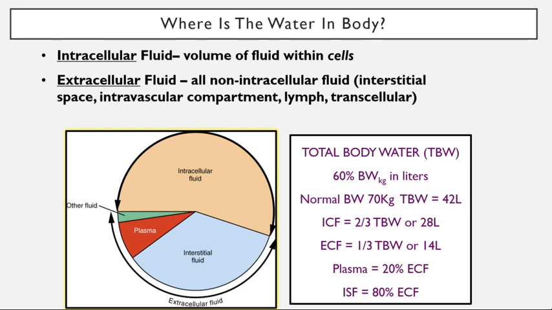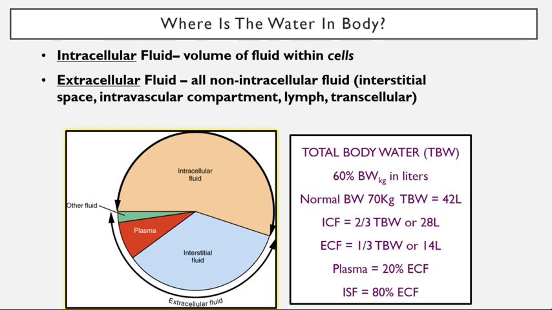So intracellular fluid is the volume of fluid within the cells, but the extracellular fluid is the volume right outside. This is going to be really important for when we talk about interstitial fluid, which is the extracellular fluid in between all the organs and stuff like that. So: interstitial space, the intravascular compartment, the lymph, and the transcellular liquid.